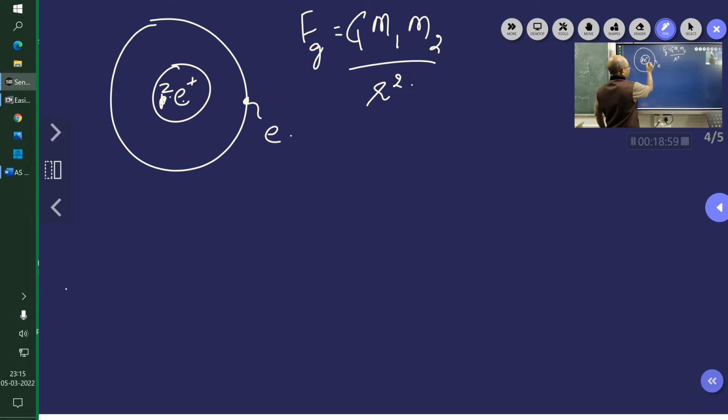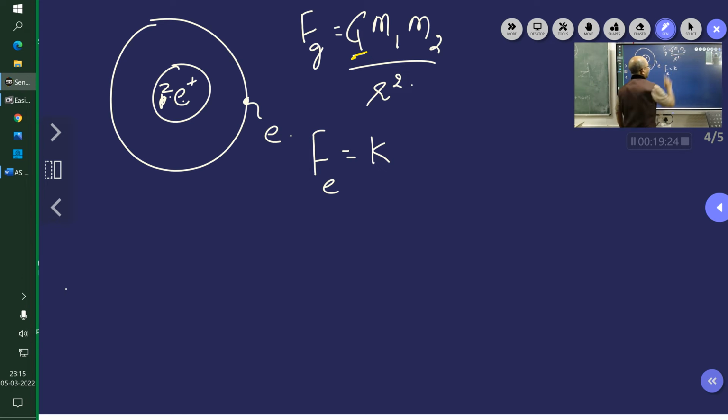Now here we have two charges, so the electrostatic force I am representing as E. I am not teaching Coulomb's law in detail, just mentioning it here in its scalar form. Here G was the constant of proportionality, and here you have a constant of proportionality K, which depends on the medium.